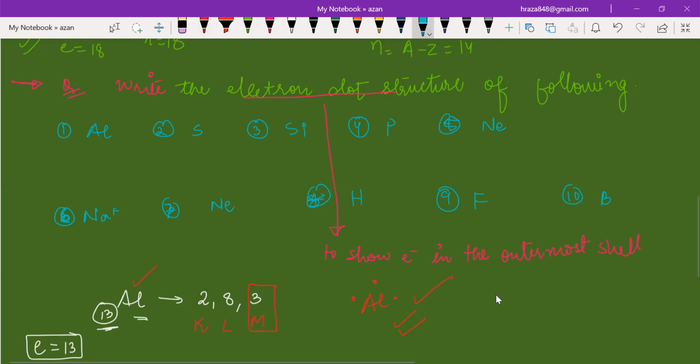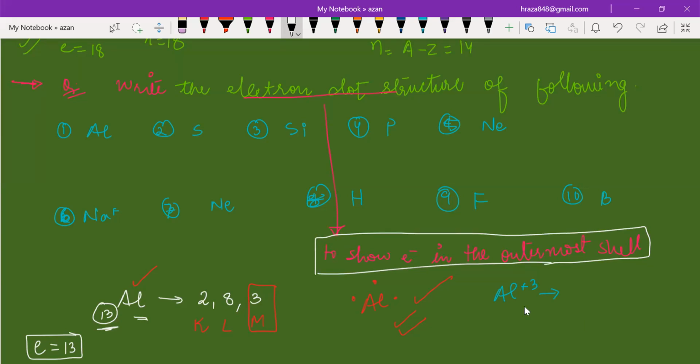Yes, sir. Now, if you have Al plus 3, how are we going to write the electron dot structure of Al plus 3? So the concept will be same, that is to show electrons in the outermost shell. Now how many electrons does Al plus 3 have?